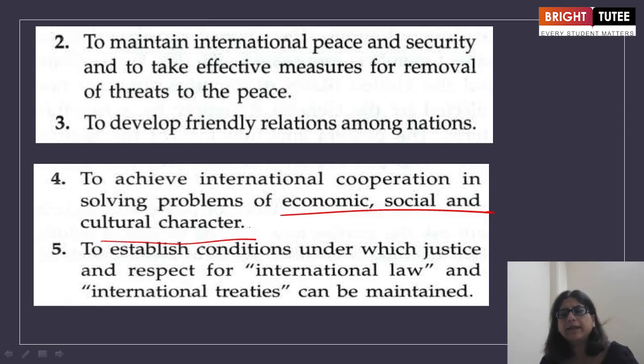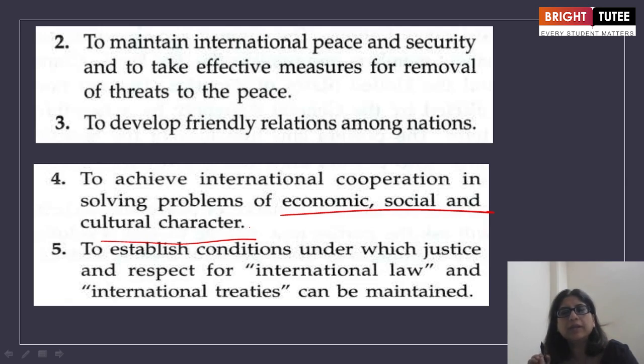Now, what happens when different countries have conflicts and don't cooperate with each other in terms of economic, social, or cultural matters? An international organization is not an international government, but it behaves in a way that tries to solve the problems of all the countries, because when the member countries sit together, it works like a parliament, as we have in our Lok Sabha.